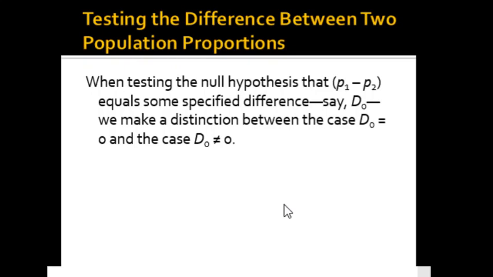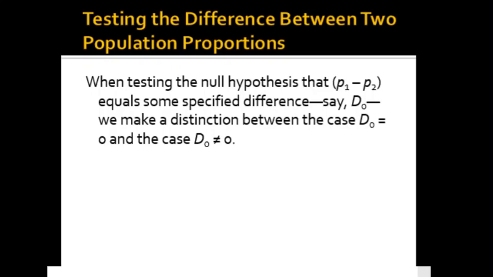Okay, so a similar test can be done for comparing two population proportions. So we want to conduct a hypothesis test where the null hypothesis will be of the form p1 minus p2 equal to a D0 value, the difference value. Now, in this case, we will look at two specific cases. First case will be when D0 is 0.